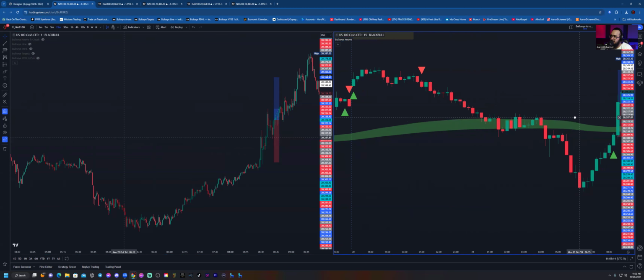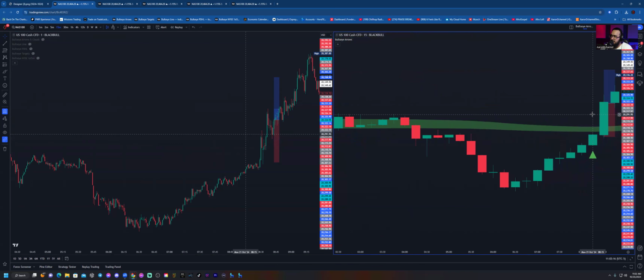Then the next thing, before 8:30 a.m., what is the most recent arrow that's printed on 15-minute? As you can see here, there was a green arrow that printed prior to the 8:30 candle.